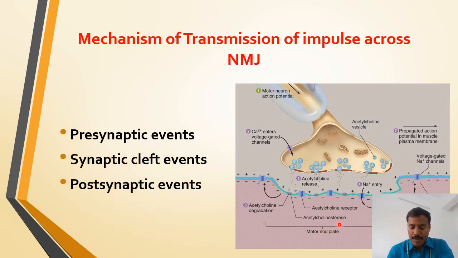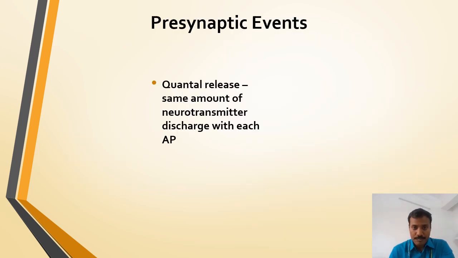If the end plate potential reaches the firing level, it leads to opening of voltage gated sodium channels, and once that sodium influx happens, it produces an action potential in the postsynaptic membrane, spreading in the muscle membrane.